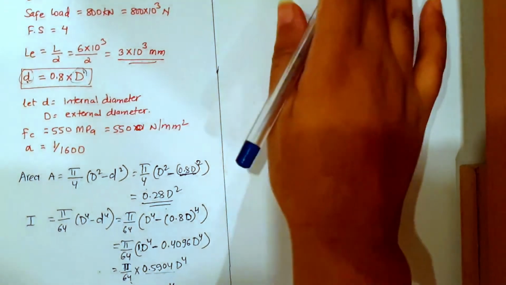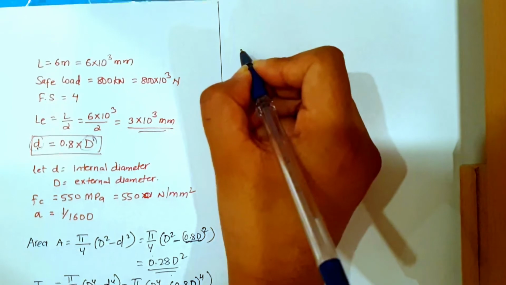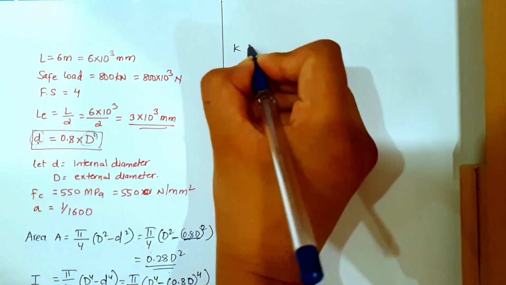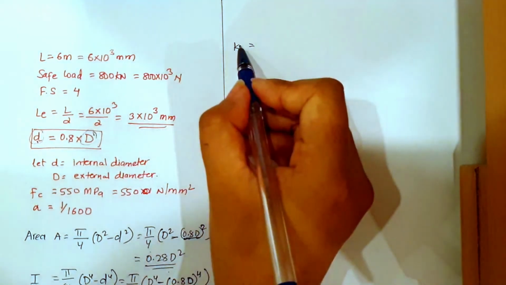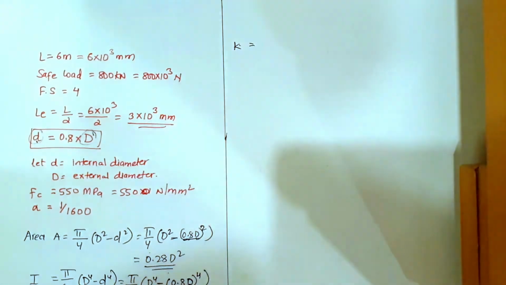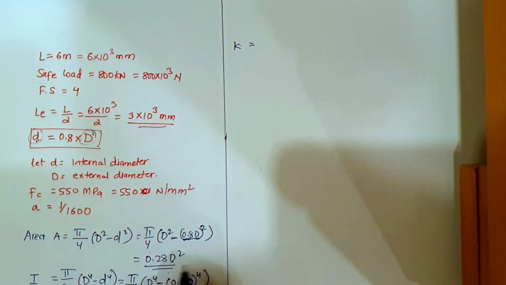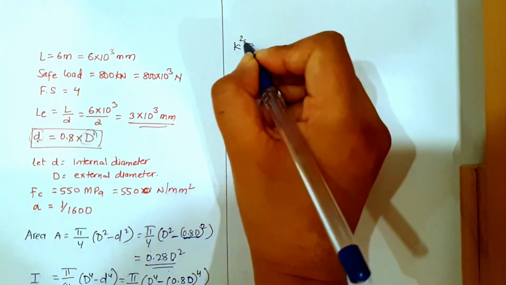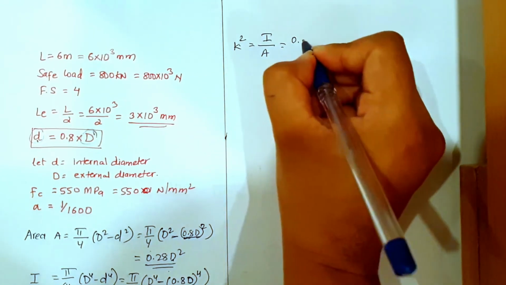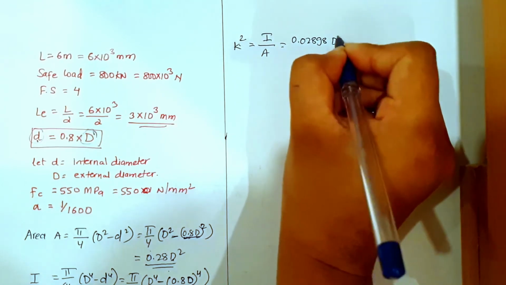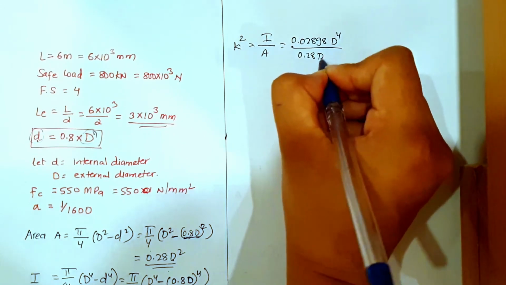And now let us find K. If we find K, we have to put a root over here, but for now, since we found the moment of inertia and area in terms of D, and we do not know the value of D, let us instead of finding K, find K square. So K square will be equal to I by A. The moment of inertia we got is 0.02898 D raised to power 4 divided by the area, 0.28 D square.